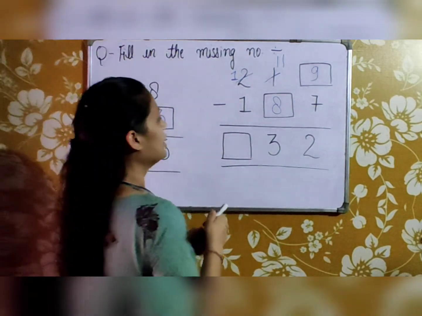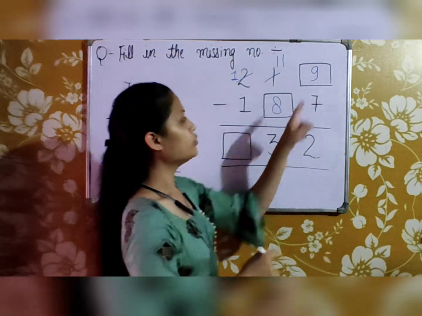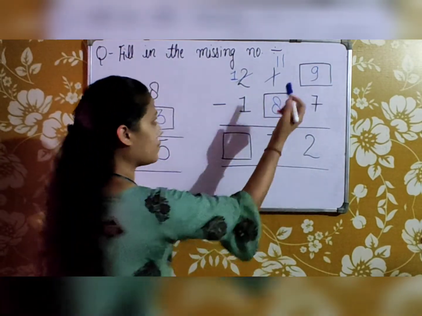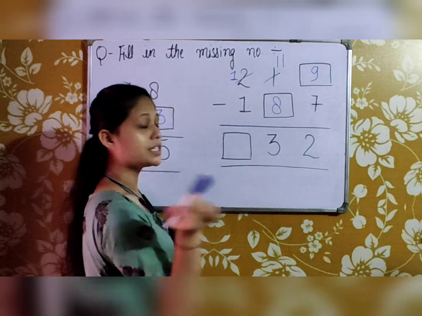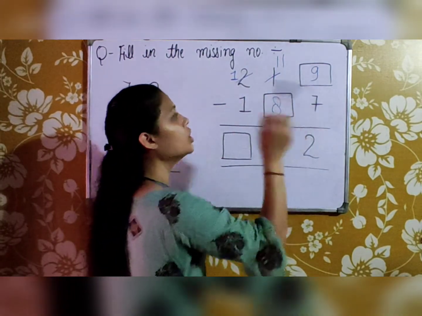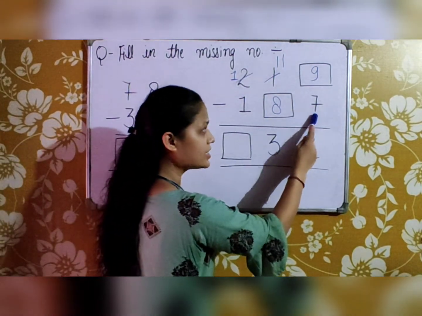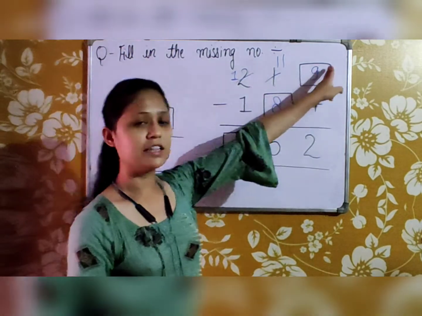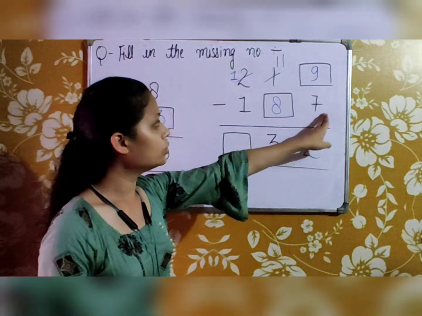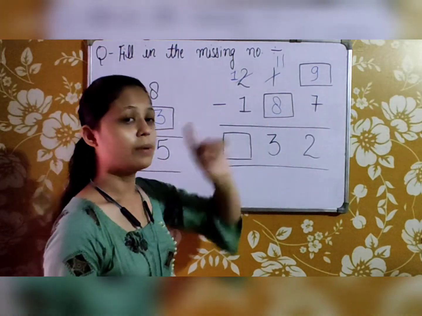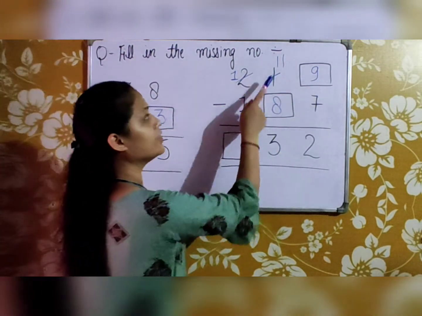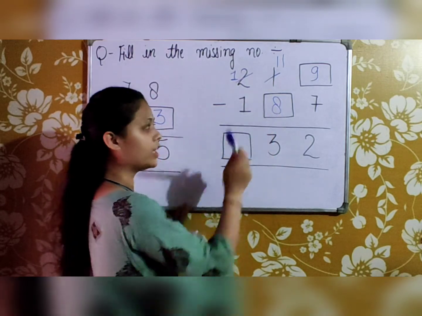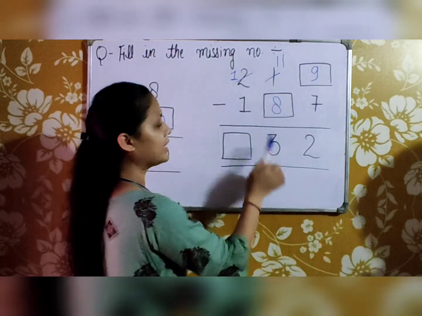And one more thing: when we have to find the missing number in the first row, we will add this number and this number. But when we have been given the first number and we have to find the second one or the third one, we will directly minus.